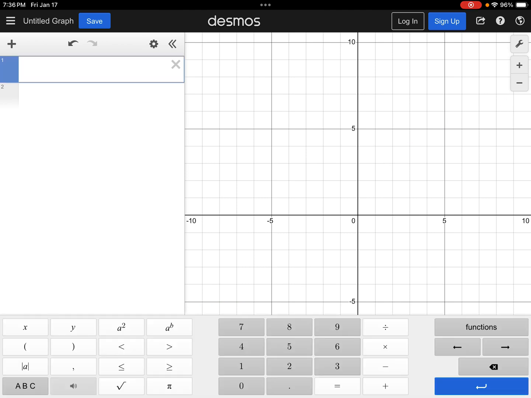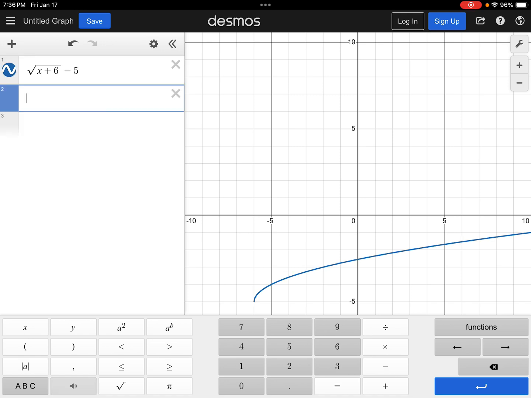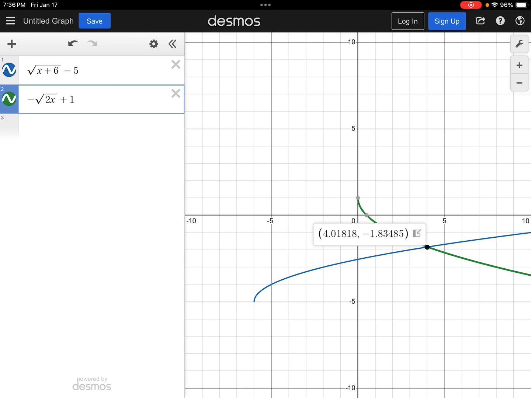So our first one is square root of x plus 6 minus 5. And then we need the negative square root of 2x plus 1. And right there is our intersection.